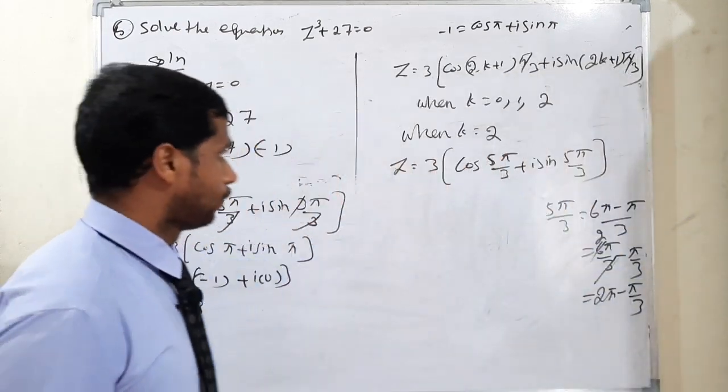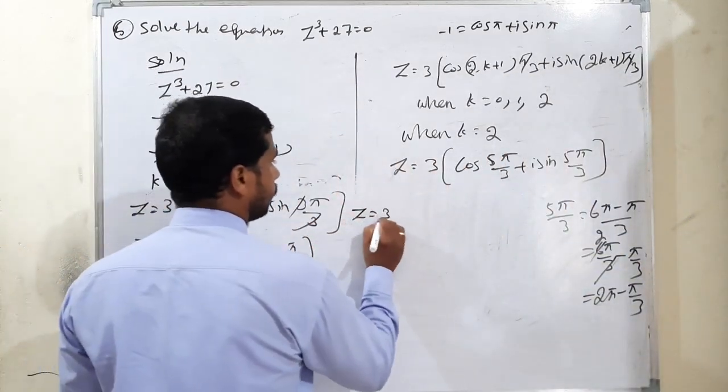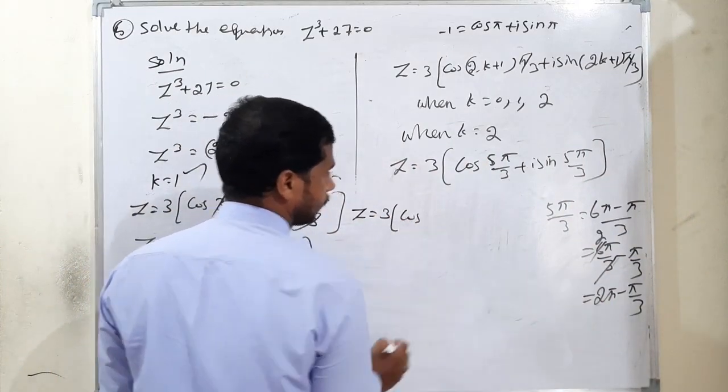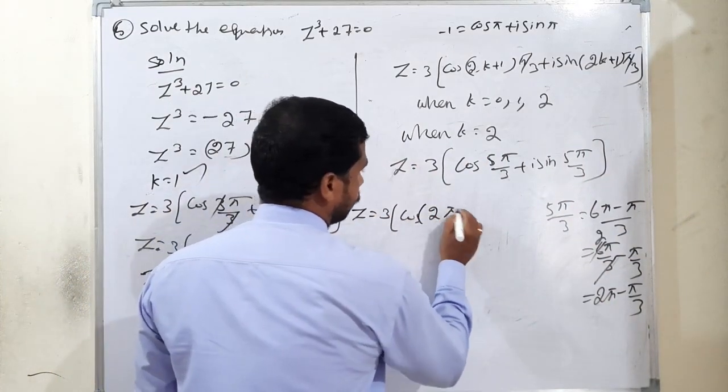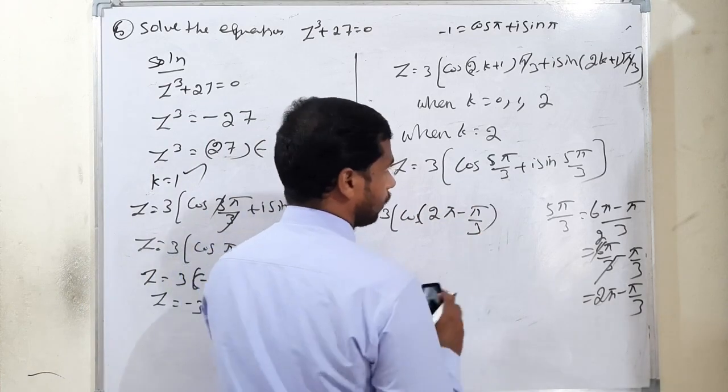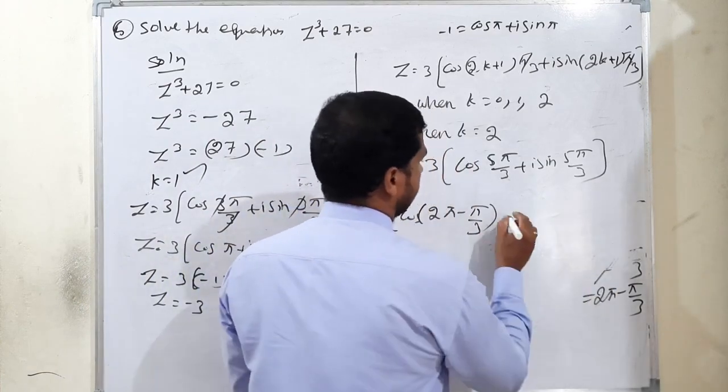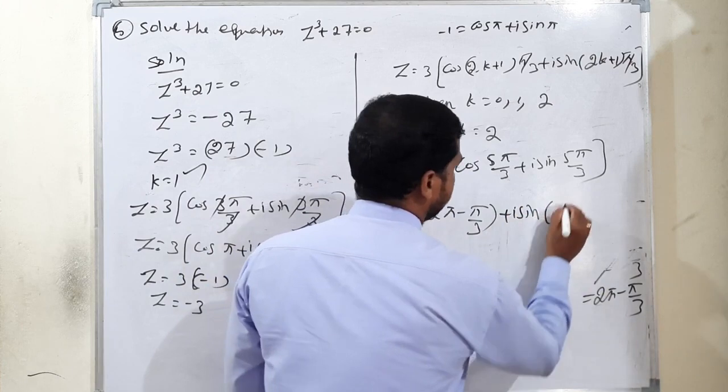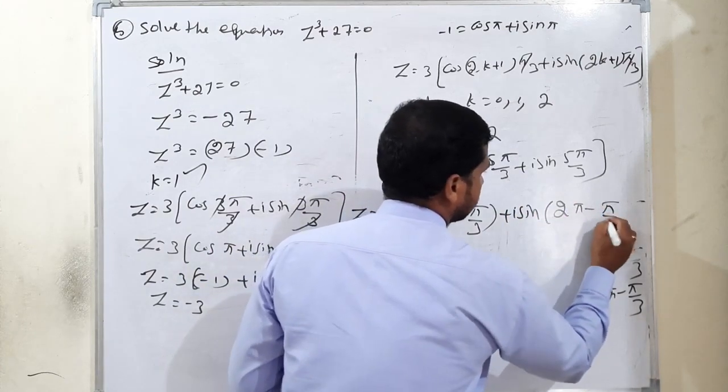So now how to rearrange it? z is equal to 3 into cos of 2 pi minus pi by 3 plus i sin of 2 pi minus pi by 3.